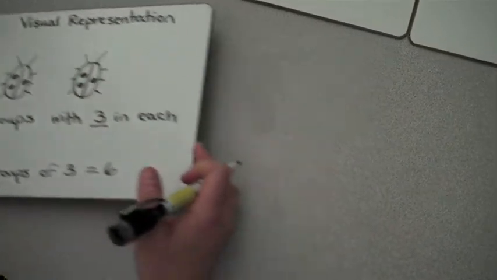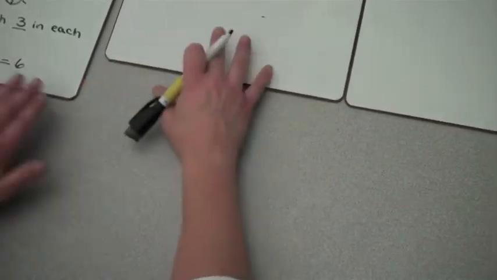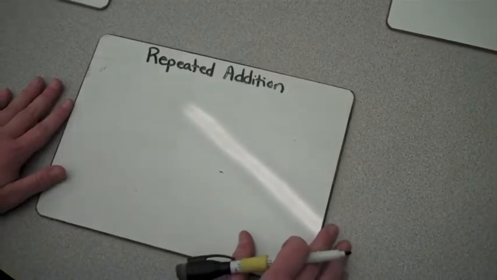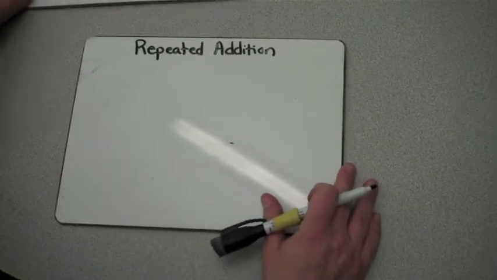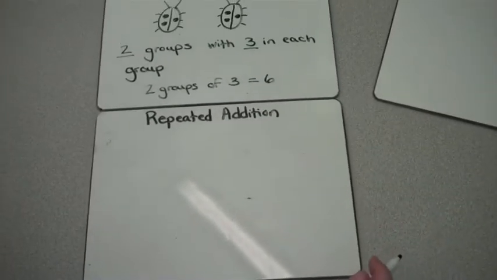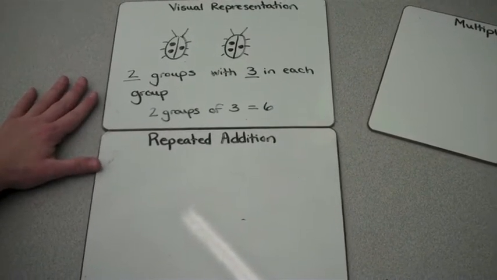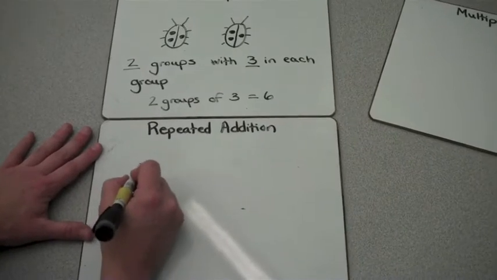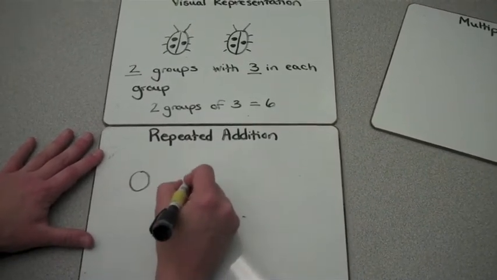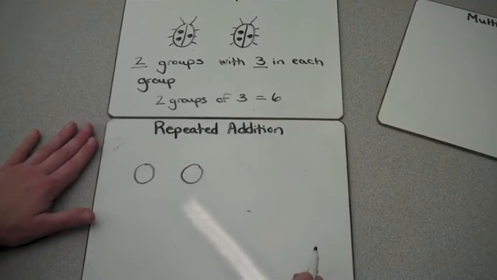The second way the students have been exposed is through repeated addition. So if we look back at the visual representation, the students know that there are two groups with 3 in each group. So the students start out with making their groups just represented with a circle.